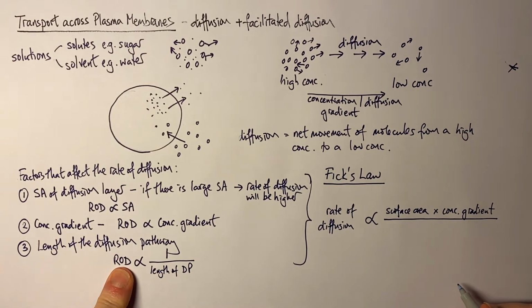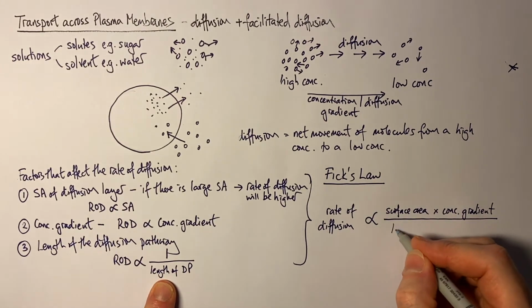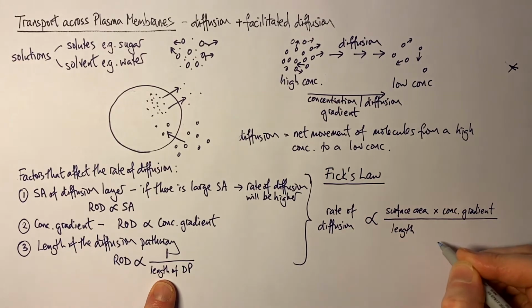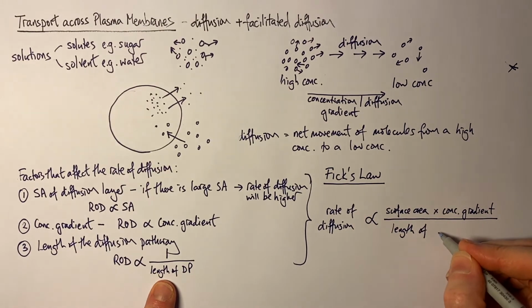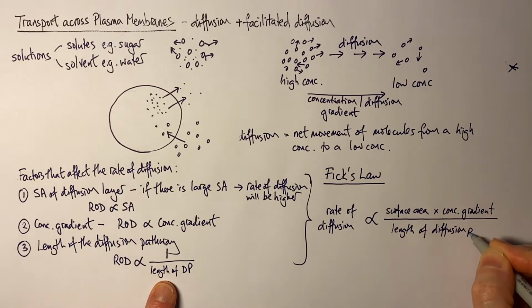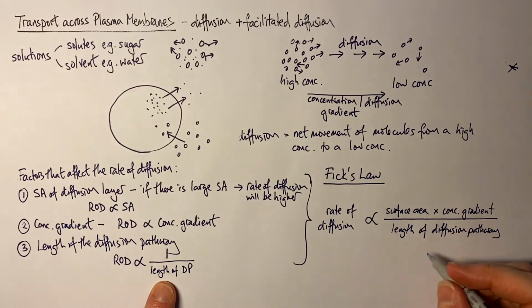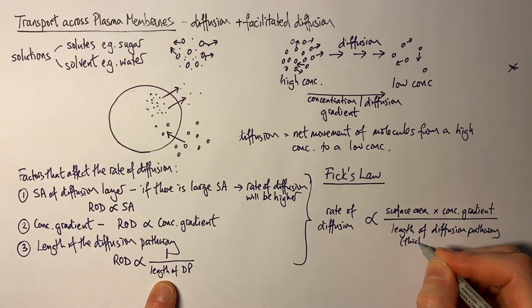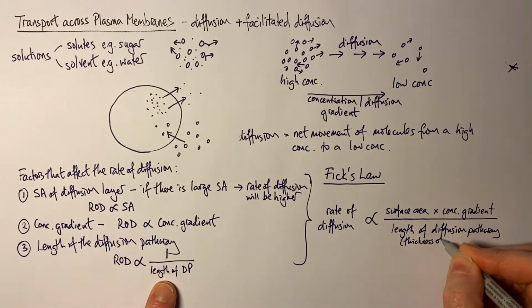Well, we said here that rate of diffusion is inversely proportional to the length of the diffusion pathway, so 1 over, so we put that on here. So we put the length of the diffusion pathway. Now that is sometimes described as the thickness of the exchange surface.